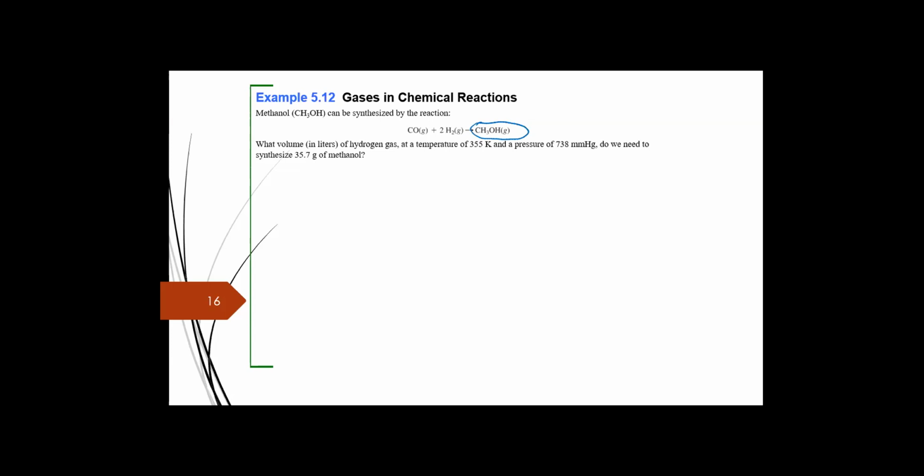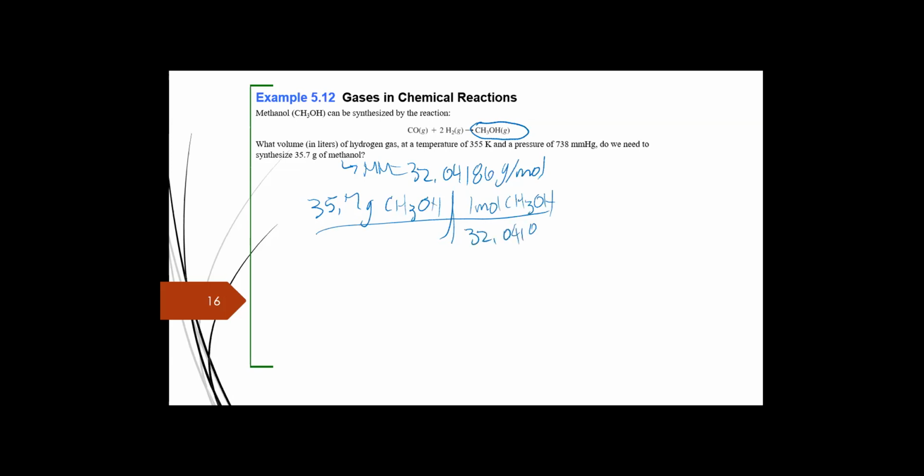We know that methanol has a molar mass of 32.04186 grams per mole. So this 35.7 grams of methanol, I can turn that into moles using 1 mole of methanol is 32.04186 grams.